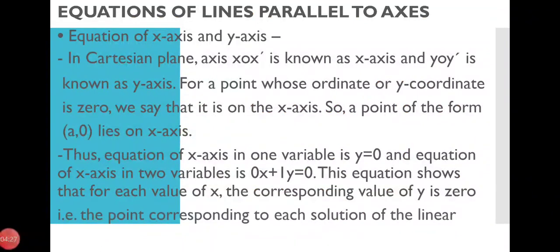The point corresponding to each solution of the linear equation lies on the x-axis. So for every different value of x, y will always remain 0 in such a condition. All the points corresponding to each solution of the linear equation lie on the axis only.